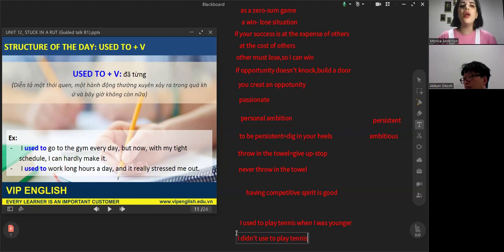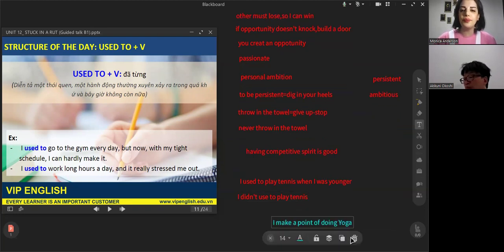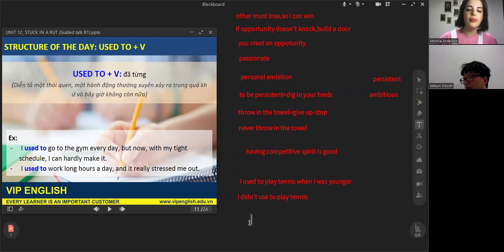But here the point is something that I want to talk about, the difference between would and used to. Because you can also use would to talk about past habits. But what's the difference between would and used to?